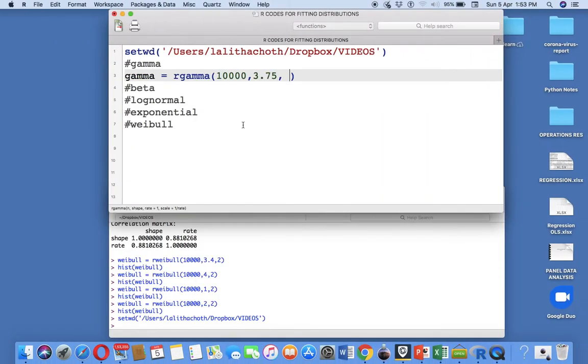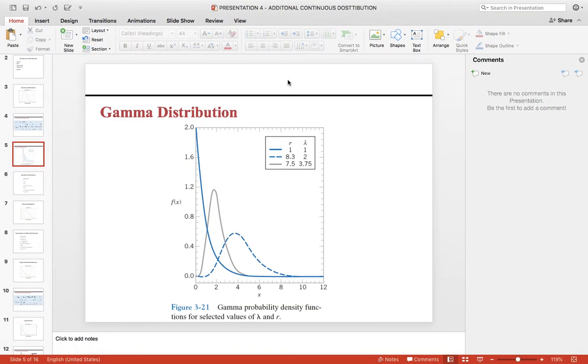So it asks you in that order. It asks you the shape first, and so it is 7.5.